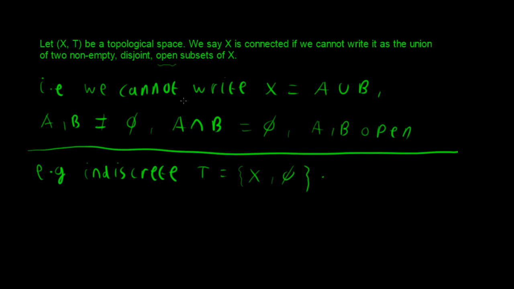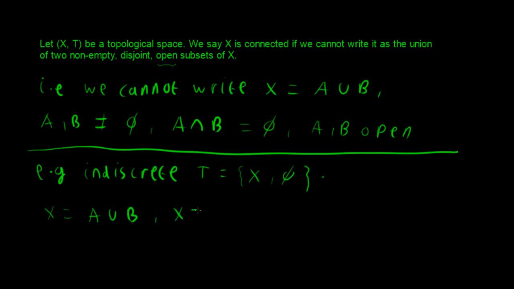If you look at the definition, if I try to write X is equal to A union B, where A and B are open, then I only have two choices. I can have X or the empty set for each one of them. But now this is a problem. If I take the empty set, then they're empty, which is a problem because we're looking at non-empty sets. So I'm left with X as the only choice.